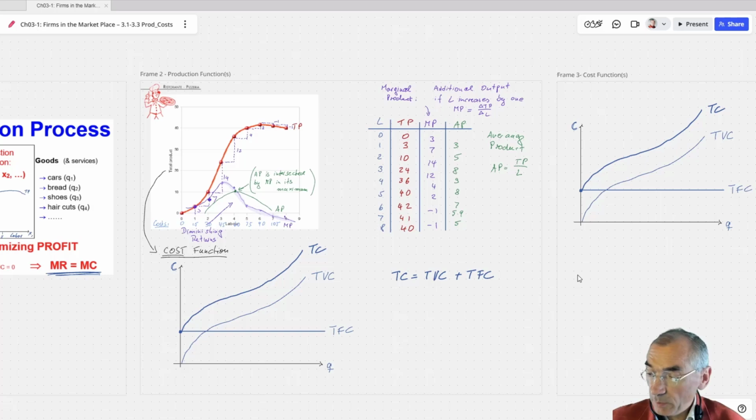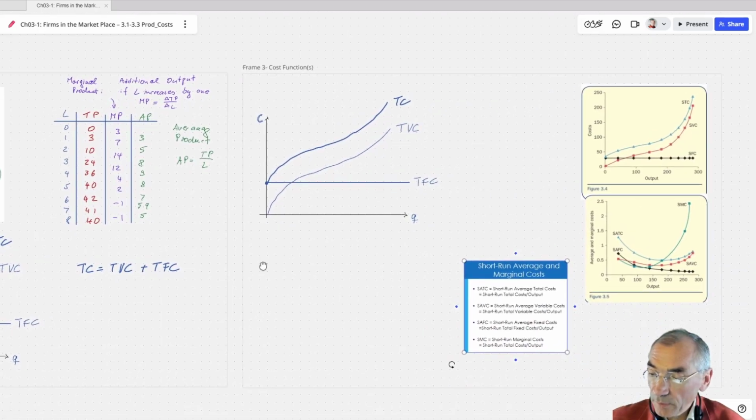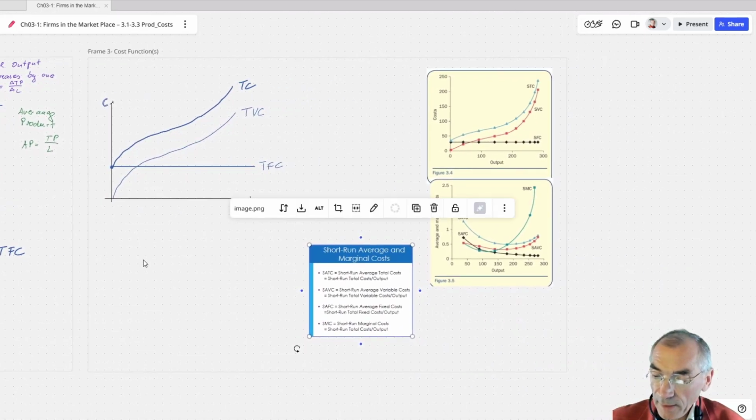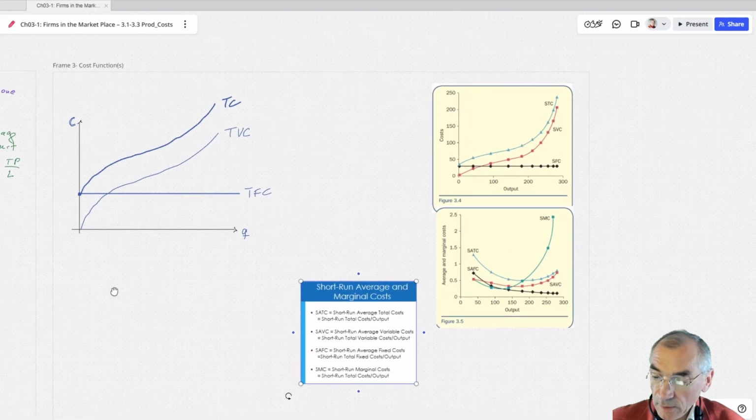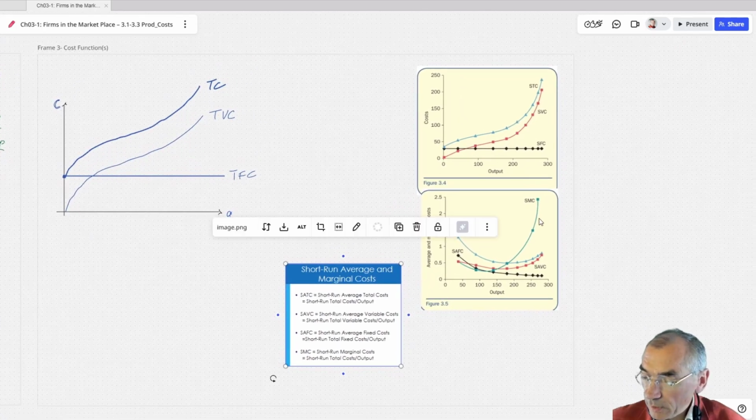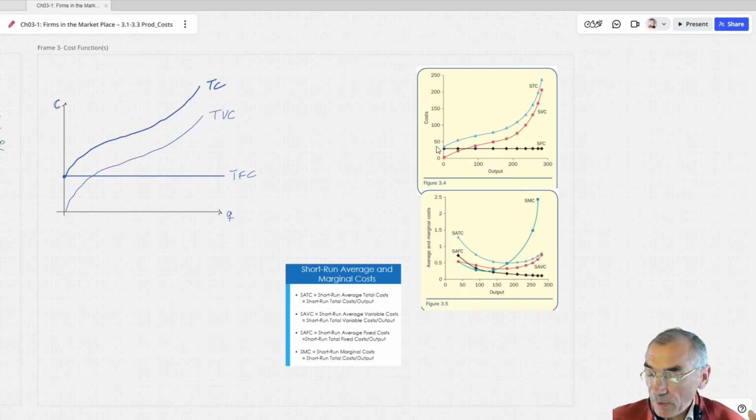And that's why we continue here with total costs. And if you look at our book, or in the presentation, you will see that there is this difference between the total costs that we have in figure 3.4 and the costs per unit, the different concepts of costs per unit in the lower graph in figure 3.5.